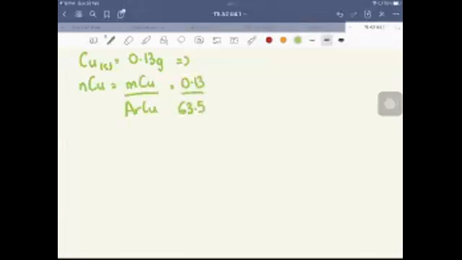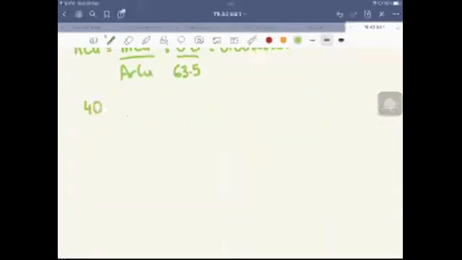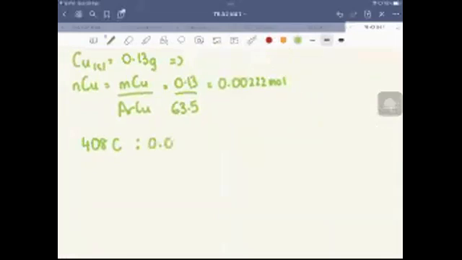Okay, so we are now sort of working in reverse this time. 0.00222 mole. Okay, so that means if we use 408 coulombs, we get 0.00222 mole of copper. Okay, how much charge is required to produce 1 mole of copper?